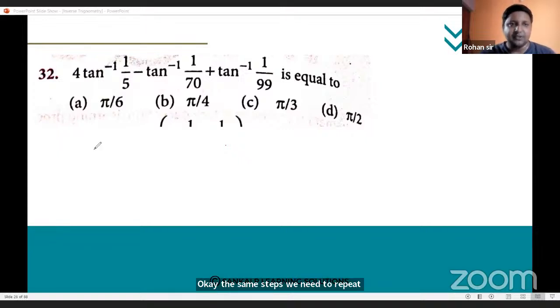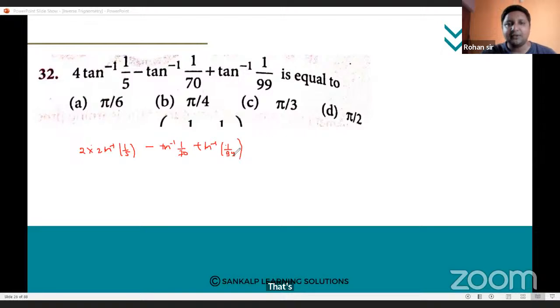See, pay attention here. The first step we can do is 4 tan inverse x can be written as 2 into 2 tan inverse 1 by 5, and then we can write minus tan inverse 1 by 70 plus tan inverse 1 by 99.